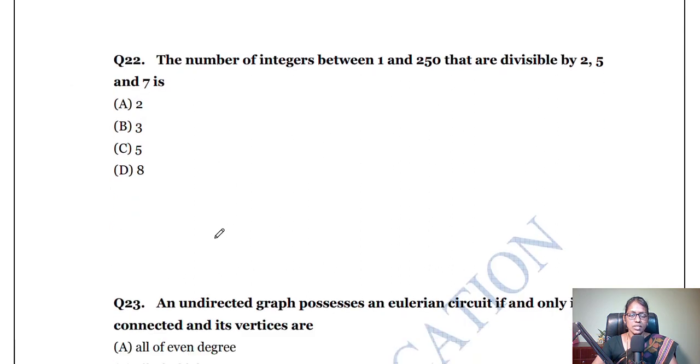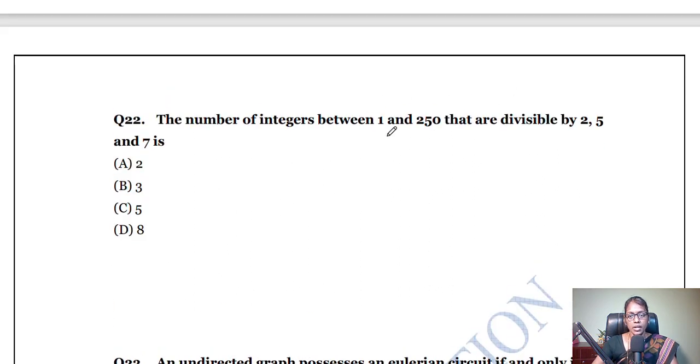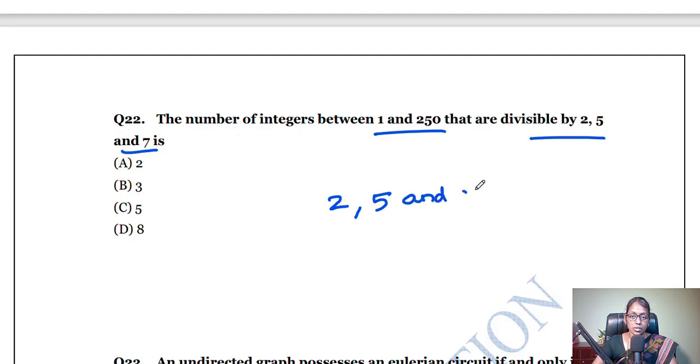The next question is the number of integers between 1 and 250 that are divisible by 2, 5 and 7. So remember the numbers that are divisible by 2, 5 and 7. For example, from 1 to 100, how many numbers are divisible by 2 and 5? 2 and 5 means 10, so all the numbers which are divisible by 10.